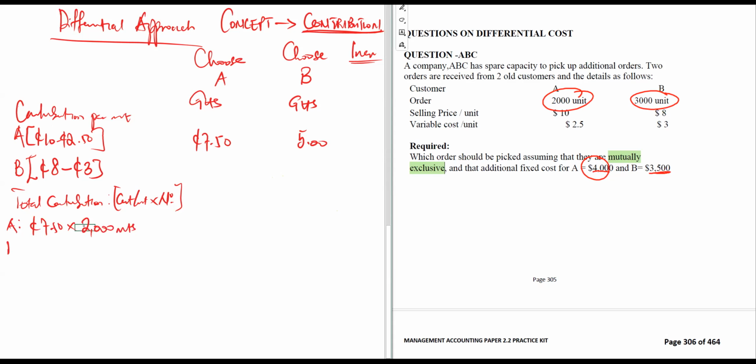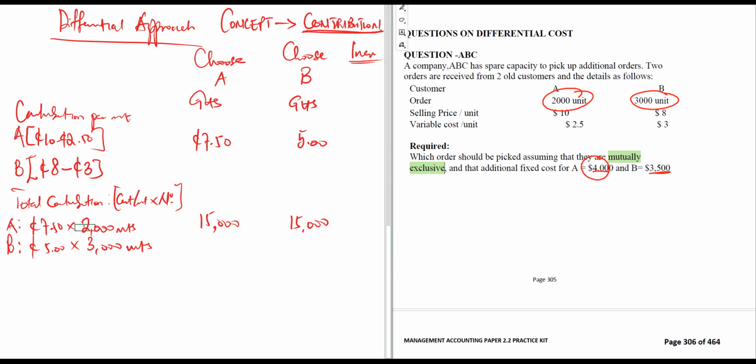And the other one, that's 5 cedis by 3,000 units. So 7.5 by 2,000 will give us 15,000. The other one will give us 15,000 also.